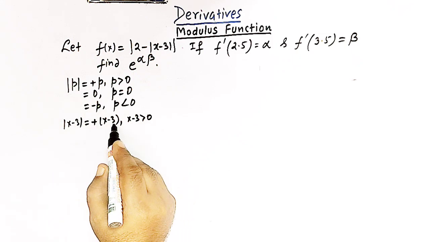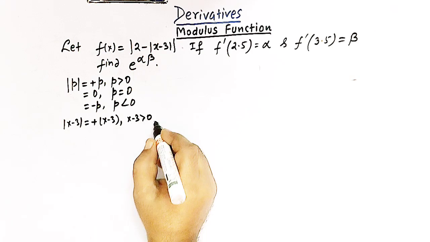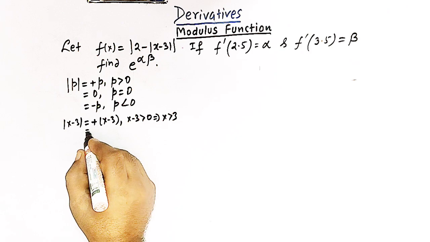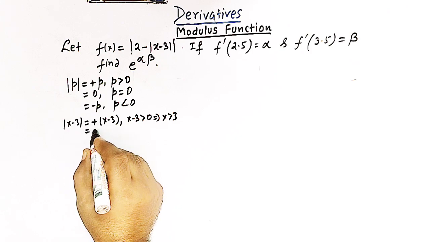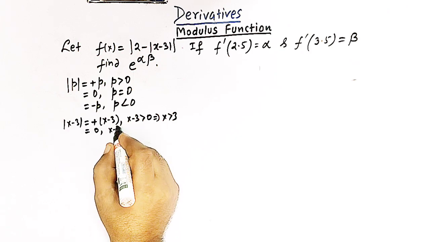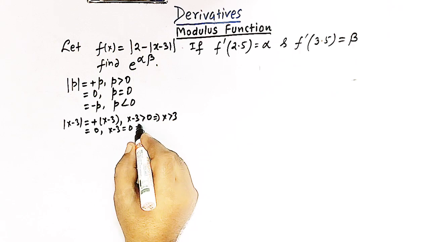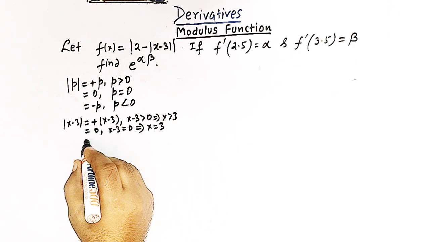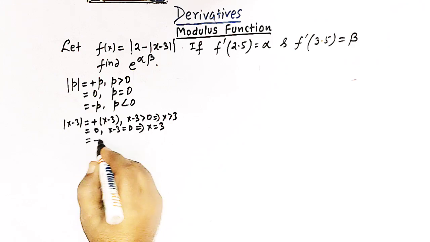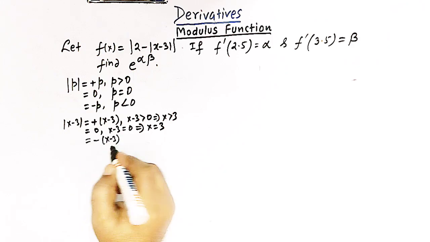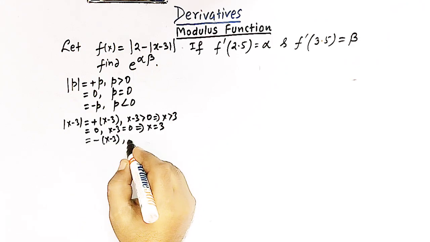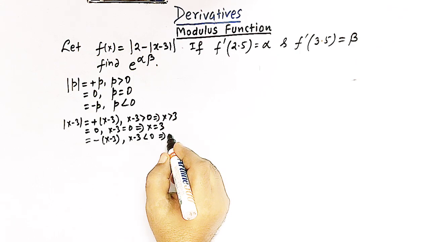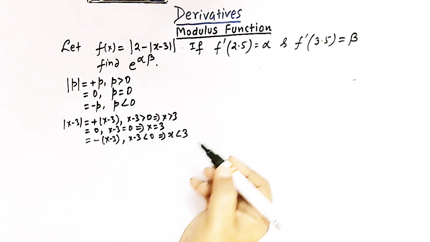So positive x minus 3 when x minus 3 is greater than 0, or when x is greater than 3. And here mod of x minus 3 is 0 when x minus 3 is equal to 0. So this implies x is equal to 3. And mod of x minus 3 is negative x minus 3 when we have x minus 3 less than 0. So we have x less than 3.